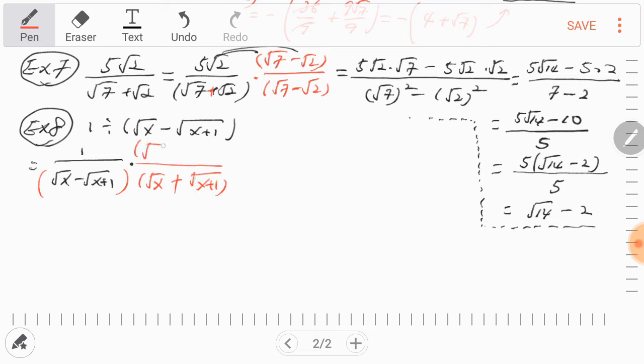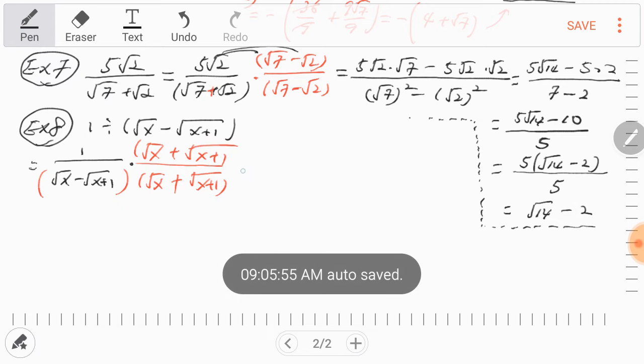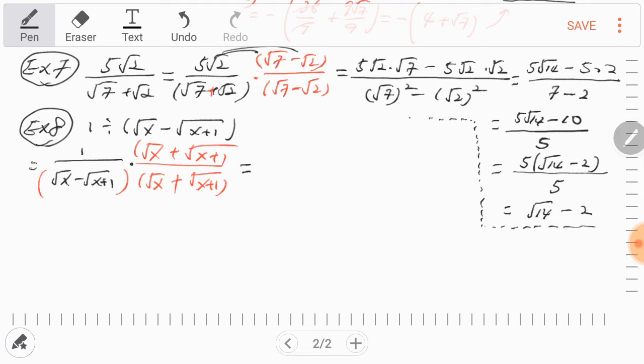So the numerator is square root of x plus square root of x plus 1. The denominator is a squared minus b squared, so square root of x squared minus square root of x plus 1 squared.